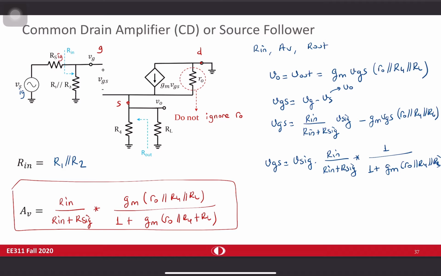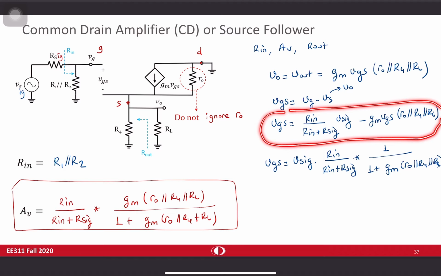The derivation is straightforward. This part seems a bit complicated, but it's just like a simple derivation.